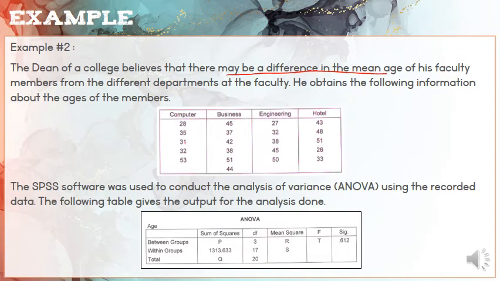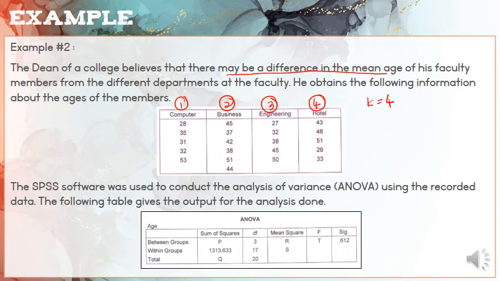Okay, the dean believes that there is an age difference among faculty members from different departments. So he obtained the following information about the age of the members. So how many groups do we have? 1, 2, 3, 4 groups. So your K equals 4.